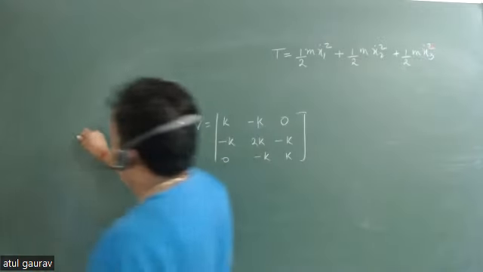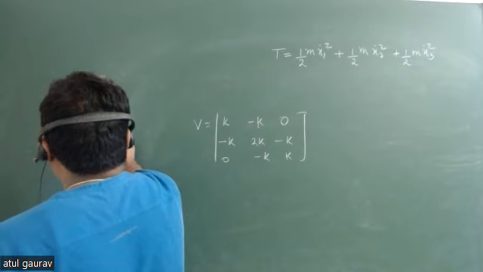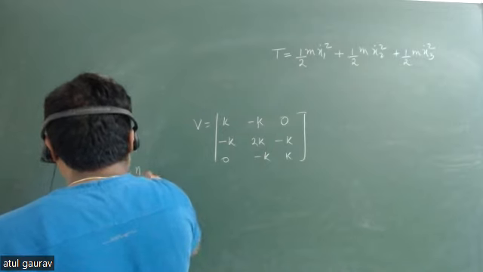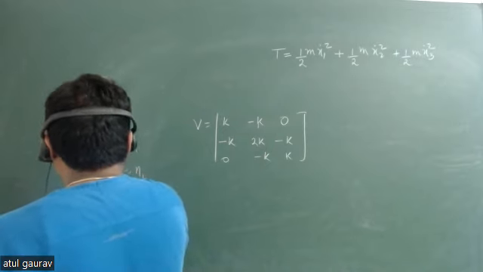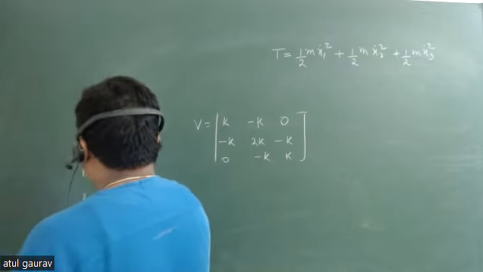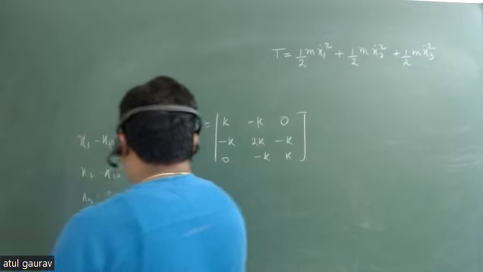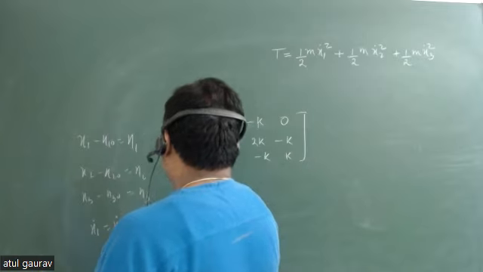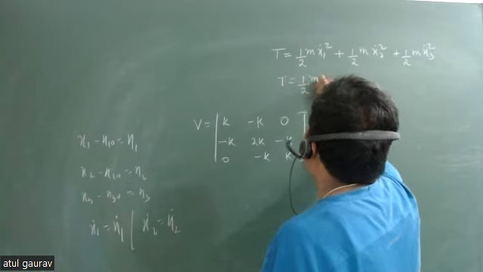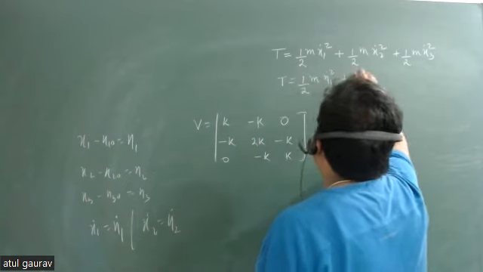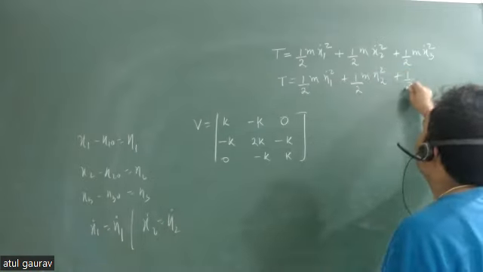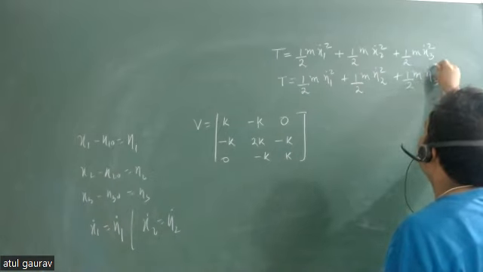We have x1 minus x10 equal to eta 1, x2 minus x20 equal to eta 2, x3 minus x30 equal to eta 3. When you take the dot, x1 dot is eta 1 dot, x2 dot is eta 2 dot.